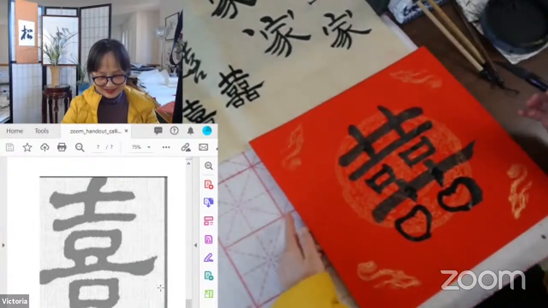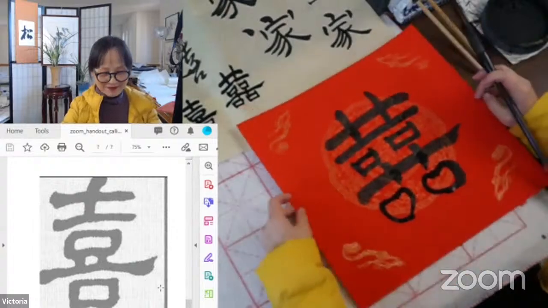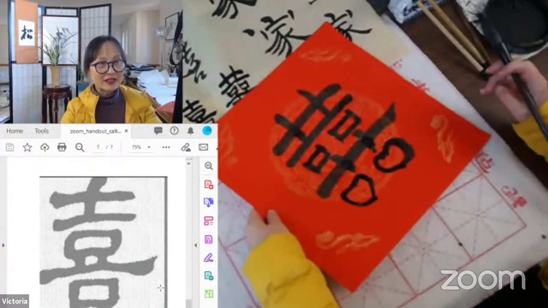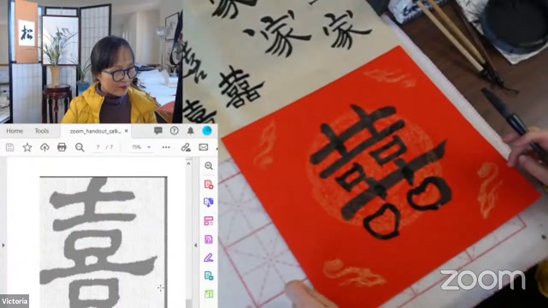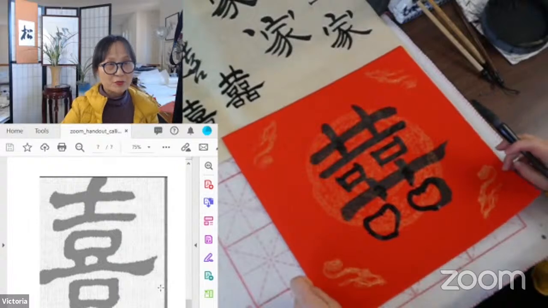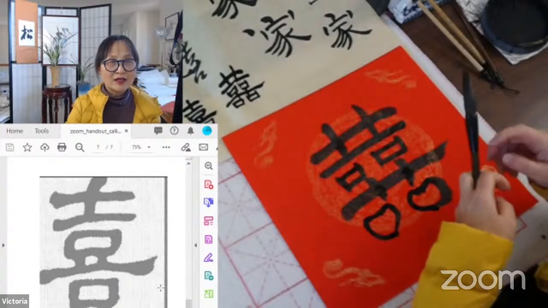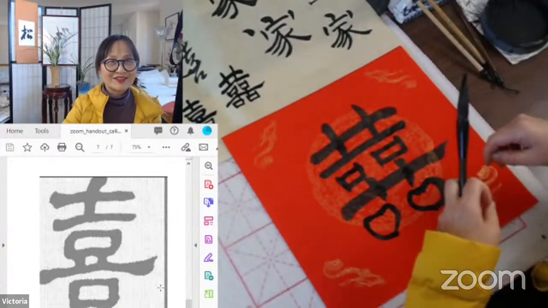Yeah, that's the meaning of double happiness, and not just that. You will probably see it on lots of famous Chinese brands, like in ping pong balls, the table tennis.